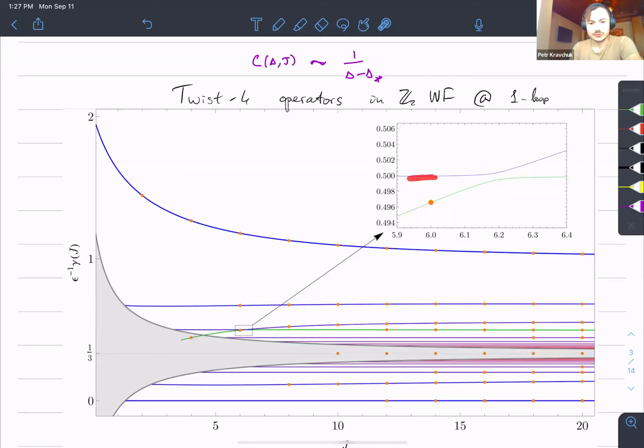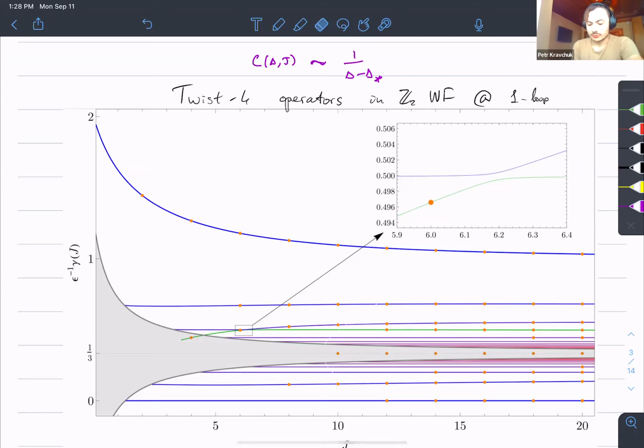If anything, it will be giving you this trajectory if you just ignore the branch cuts. So while technically this operator here, for example, is on a double twist trajectory, if you were all powerful you could maybe predict its properties, but in practice it's very hard to predict its properties from viewing it as a double twist operator.